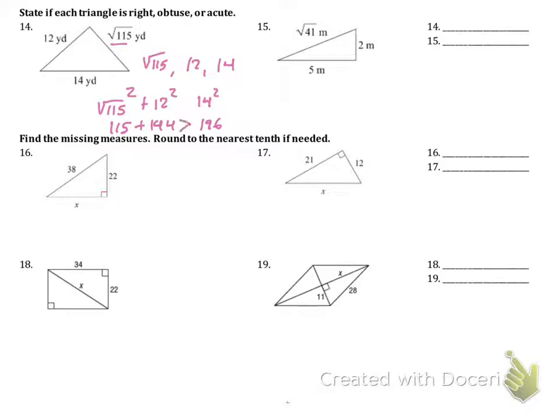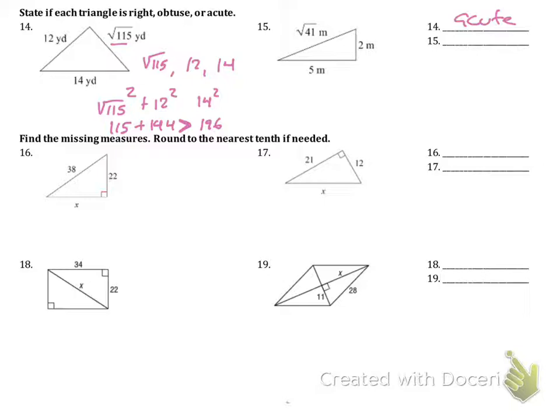So that would mean the left side is greater than the right side, right? So my a squared plus my b squared is greater than my c squared. So that would be acute. Same thing here. First off, just do the square root of 41, and you get, it's like 6.4 something.